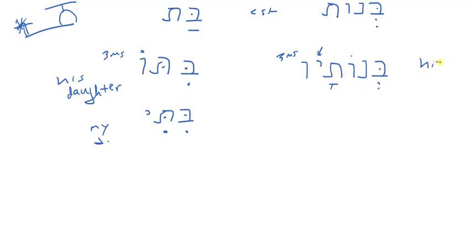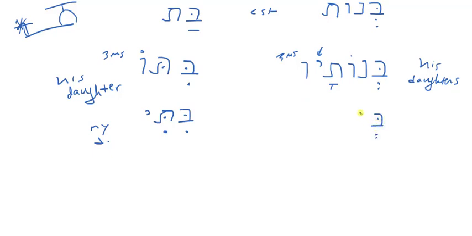So he doesn't just have one daughter, he has many. All right? So b'notav. You see the difference between his daughter and his daughters. Bito, b'notav. Remember that yod is silent. I don't know if that was mentioned earlier, but that yod in the 3ms pronoun is silent. So it's b'notav, b'notav.